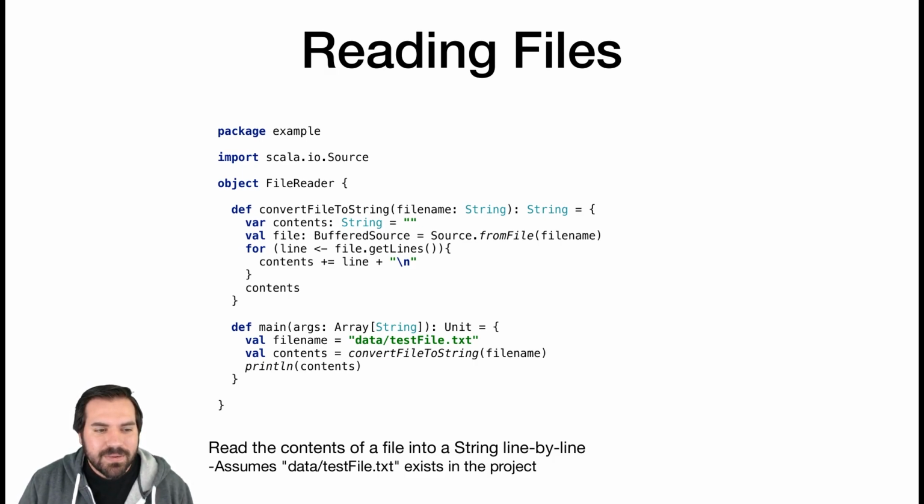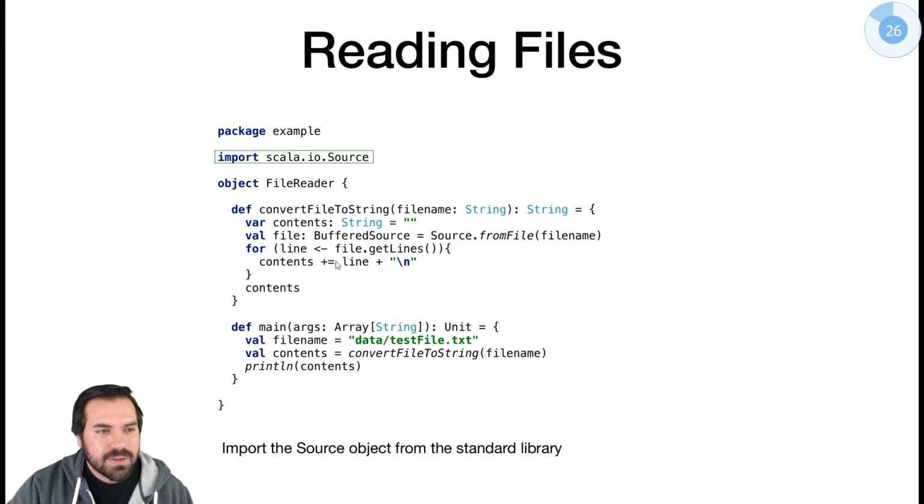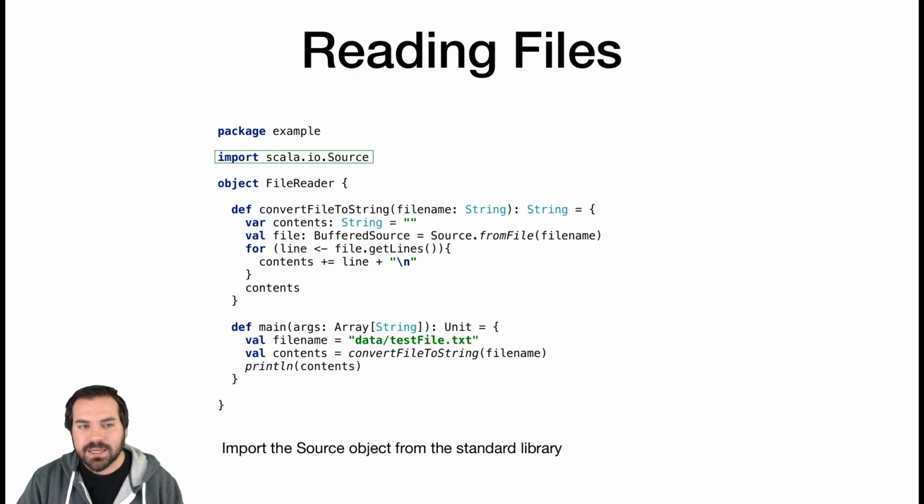So to read a file, here's an example that doesn't really do anything useful anyway, but it does show off reading a file and how we can read a file line by line. So the first thing that we're going to need is we're going to use our first class, or our first object that is not automatically imported.